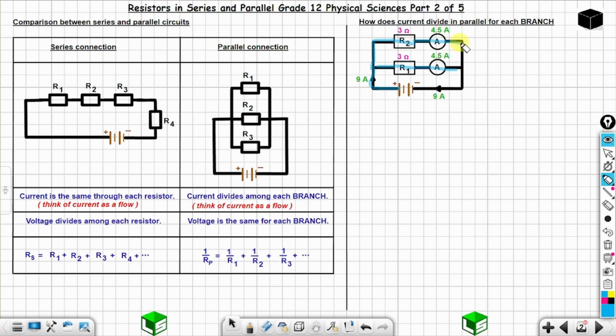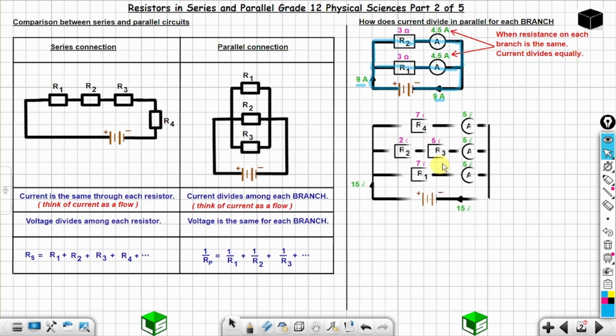Then the 4.5 and 4.5 join, and you have 9 amperes again. So when the resistance on each branch is the same, the current is going to divide equally.